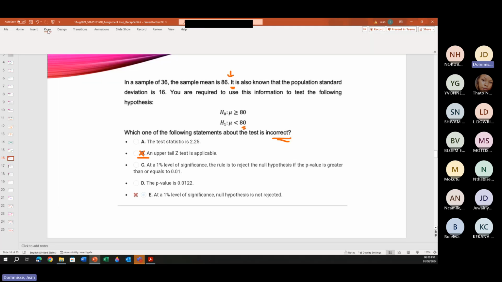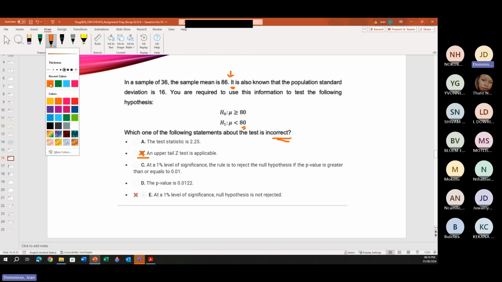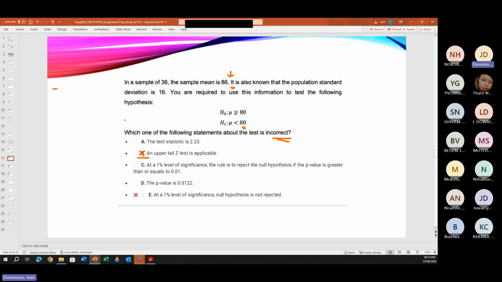Okay. So first thing, let's work out the Z, just like the previous question, a formula that we work with.